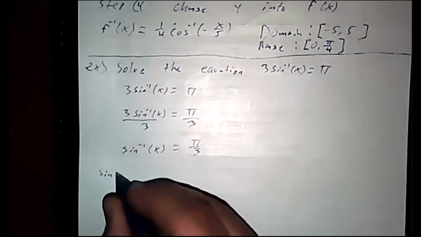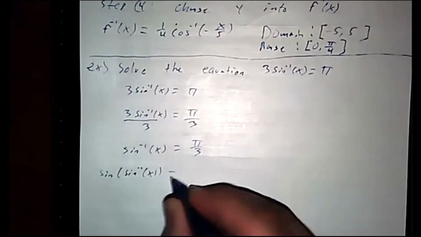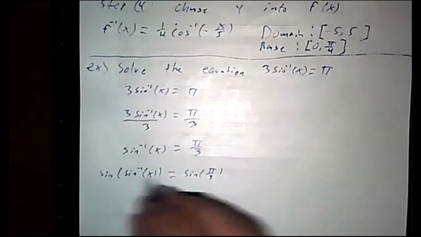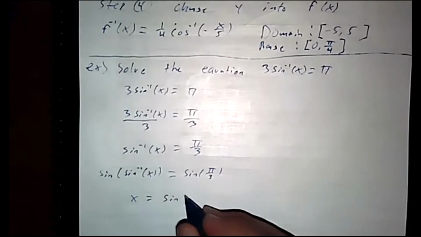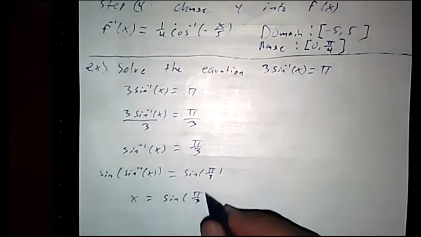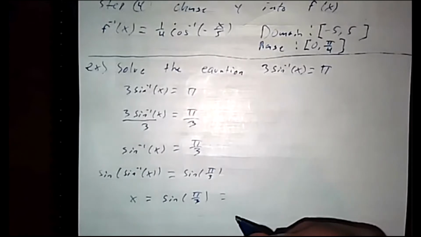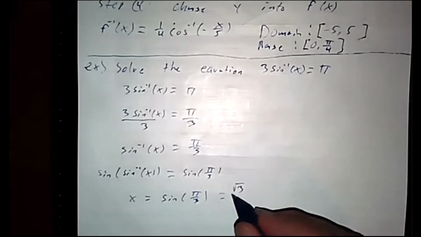Sine of sine inverse, now that we know we can do this with the definitions, we will cancel, leaving x equal to sine of pi over 3, which we know is what? What's the y value at pi over 3? Square root of 3 over 2. Yeah.